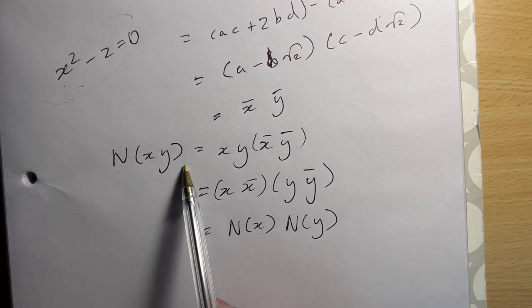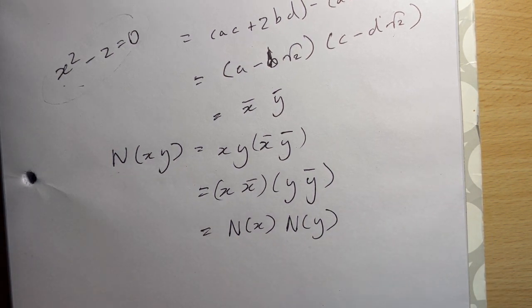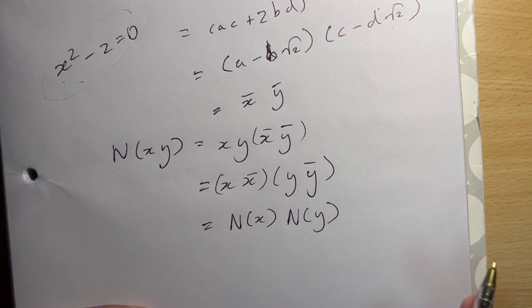That is, the norm is multiplicative, and so that is a pretty useful result. And if we can't see right away why it's a pretty useful result, let's put it this way.